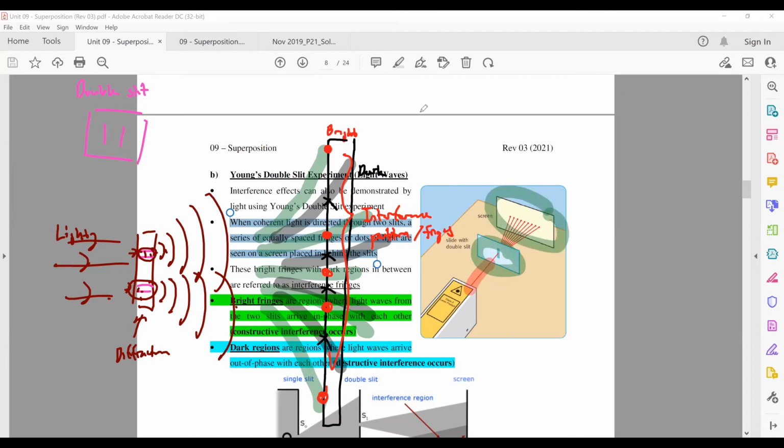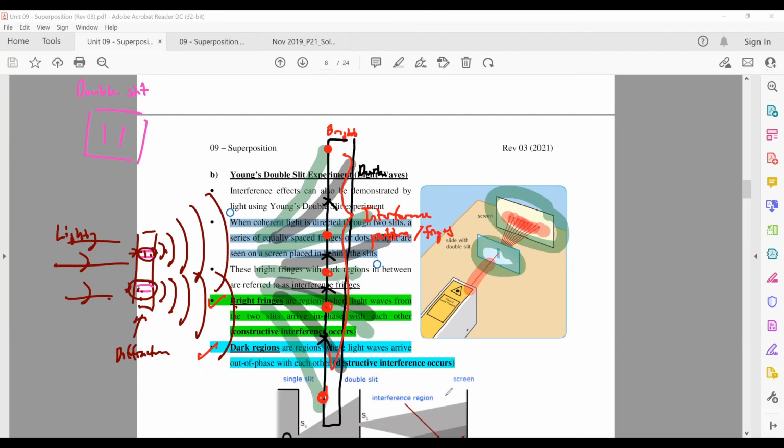On the screen, you see a series of bright dots and nothing in between the bright dots. This is your interference fringes. The bright fringes are the regions where light waves from the two slits arrive in phase, where constructive interference occurs. The dark regions are the regions where the light waves arrive out of phase with each other, where destructive interference occurs. Okay, so this is one way of looking at the interference pattern.